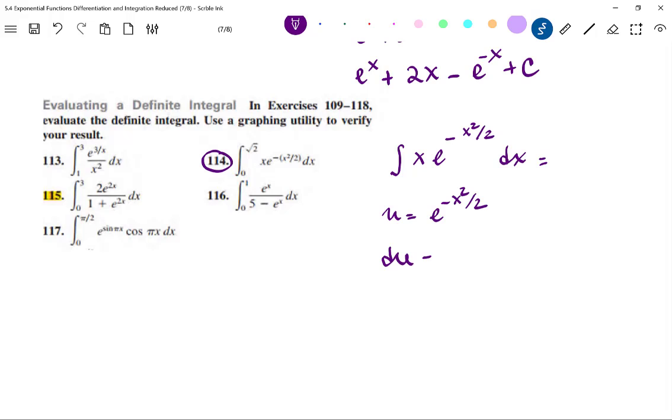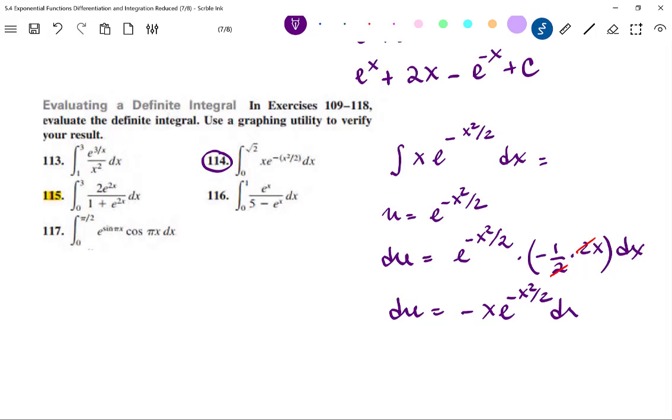The derivative du is going to be e to the same thing times the derivative of the exponent, and the derivative of the exponent is negative 1/2 times the derivative of x squared, which is 2x dx, or du is negative x e to the negative x squared over 2 dx.